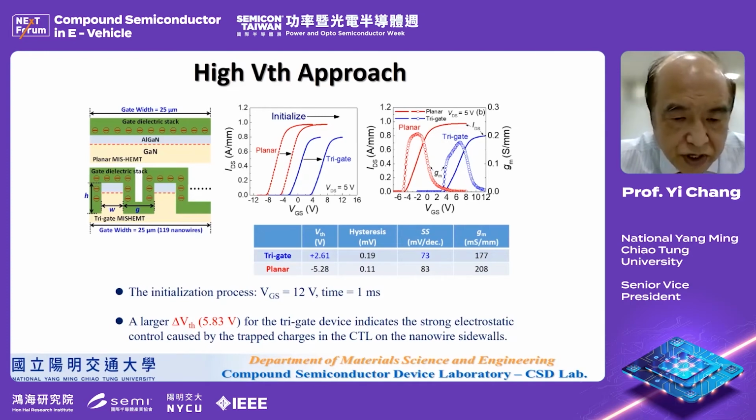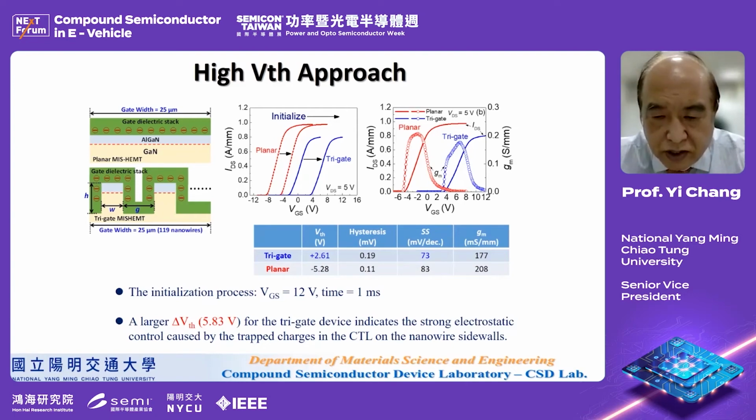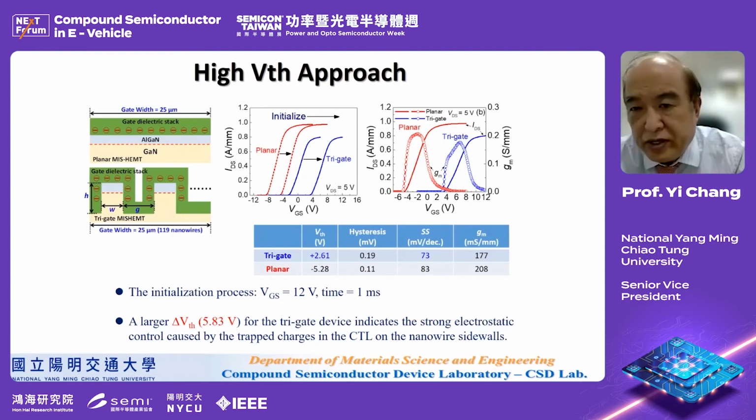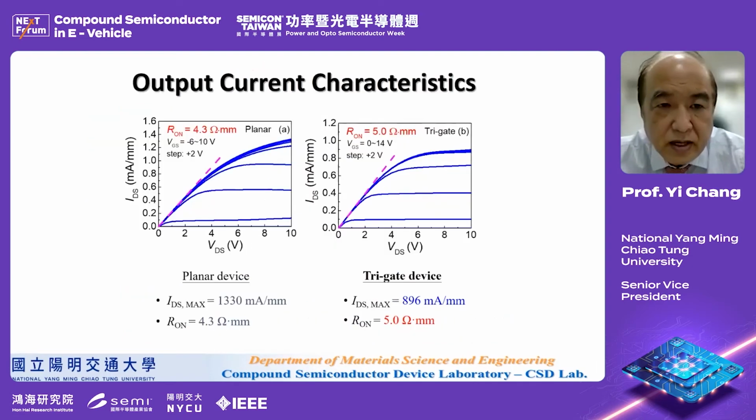A large VTH shift for the tri-gate indicates the strong electrostatic control caused by the trapped charge in the charge storage layer for the nanowires. In this way, you can achieve very high VTH. For the output current characteristics, you can see that the current can be 896 milliamp per millimeter, and R-on is around 5 ohm millimeter.